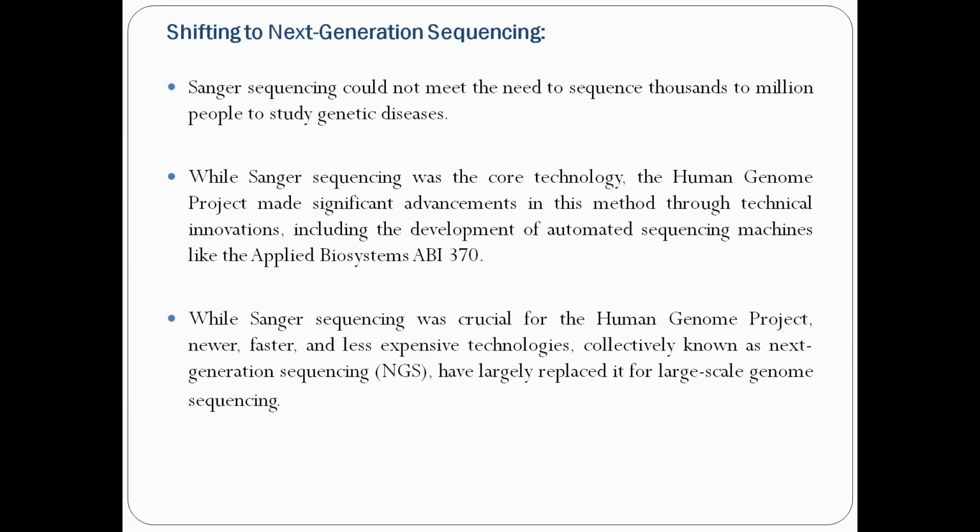The first one was Applied Biosystems ABI 370. This was the first automated sequencing platform. So after the Human Genome Project, the need for newer, faster, and less expensive technologies was felt, and this paved the way for NGS or next generation sequencing, and it has largely replaced Sanger for large scale sequencing.